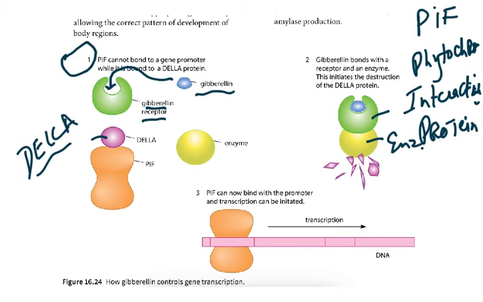So the DELLA protein is destroyed, it breaks up. But what has been released is the PIF. And what is PIF? PIF is phytochrome interacting factor. And now this PIF can bind with the promoter area, and transcription can be initiated. Transcription of what? Transcription of amylase.